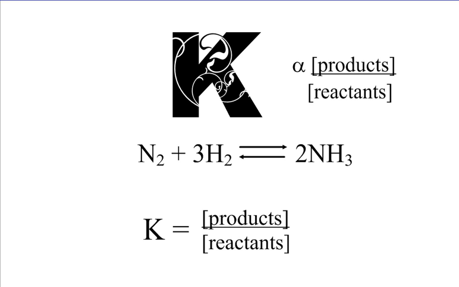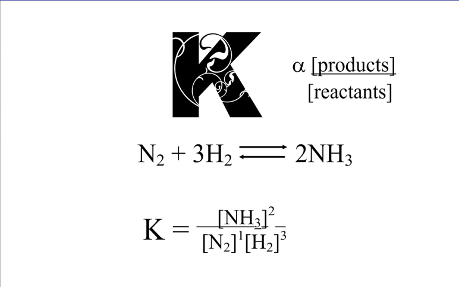So K, for the Haber process, which remember is this equation here, would be the concentration of ammonia squared, because it has a coefficient of 2, divided by the concentration of nitrogen to the first, because it has a coefficient of 1, times the concentration of hydrogen to the third, or cubed, because it has a coefficient of 3.